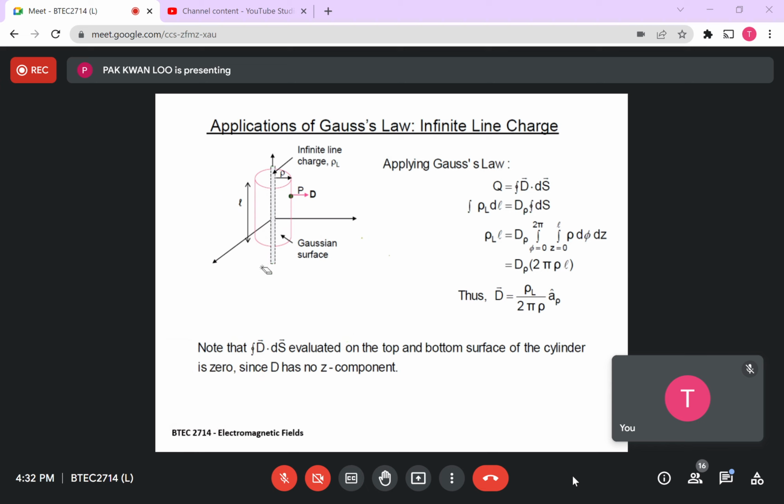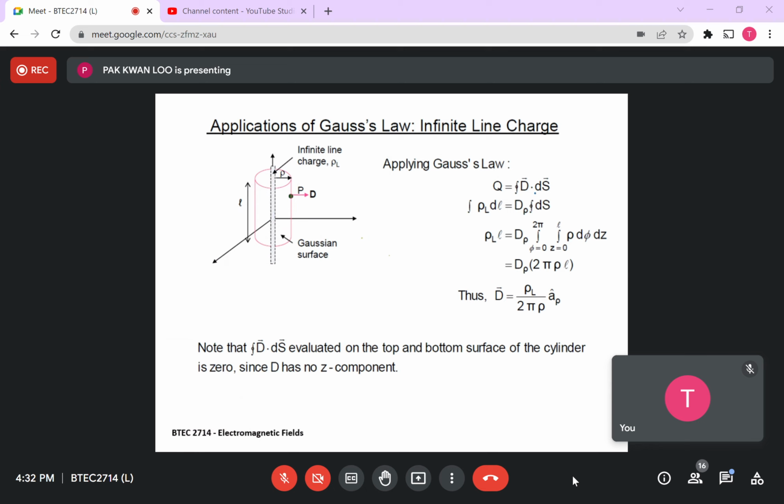So for an infinite line, with Gauss law, we choose a cylindrical Gaussian surface. This cylindrical Gaussian surface has a radius rho from the axis, and Q is the charge enclosed by this Gaussian surface.